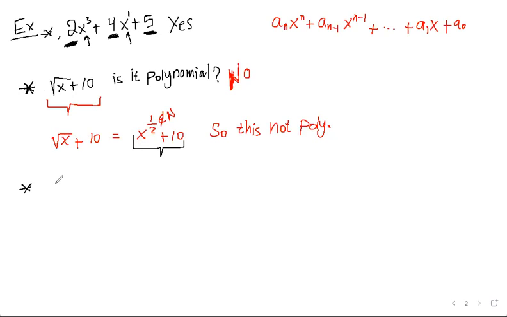Another example, 2x squared plus 3x to the 1 over 4 plus 6. Is it a polynomial?